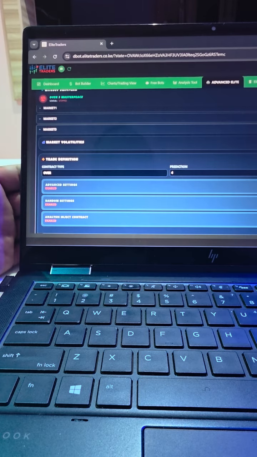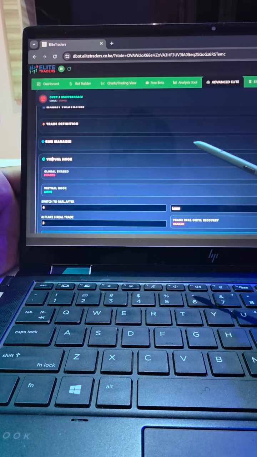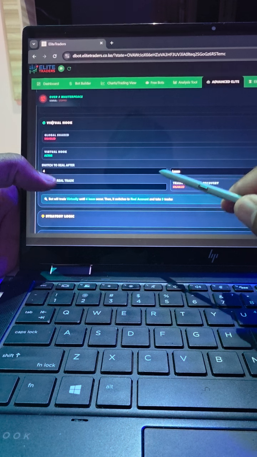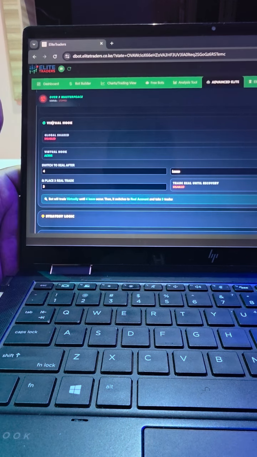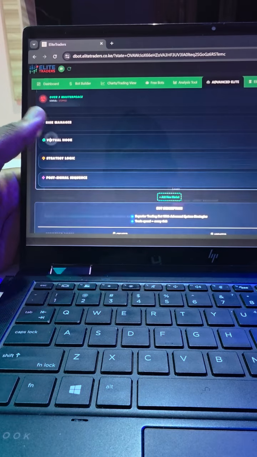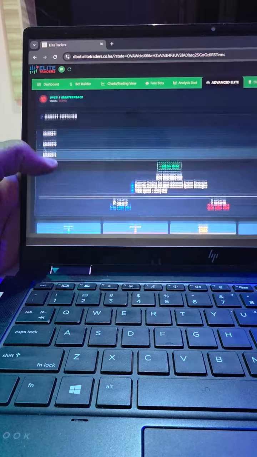If you check the trade definitions, you can see this is over 4 market. Then if you go to the value, you can see the robot will have to hit 4 consecutive value losses, then executes 3 trades on real, but it will only execute 3 trades in case the previous trades were all losses. In case the first trade is a win, the robot will automatically switch back to over 5, and that's simply how this robot is trading.